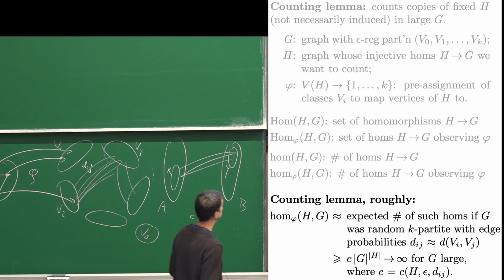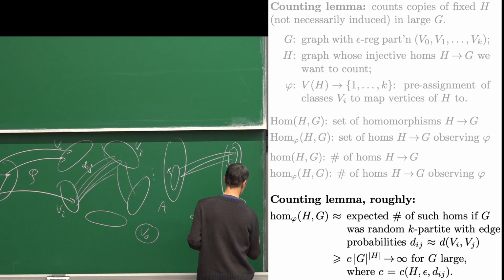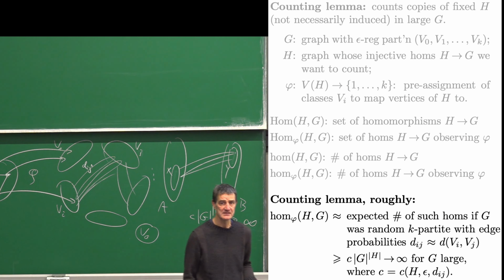So that gets large as g gets large. And so there's going to be lots of homomorphisms. And often we'll just be interested in asking whether there's at least one, right? So we'll look at that more closely in a moment.